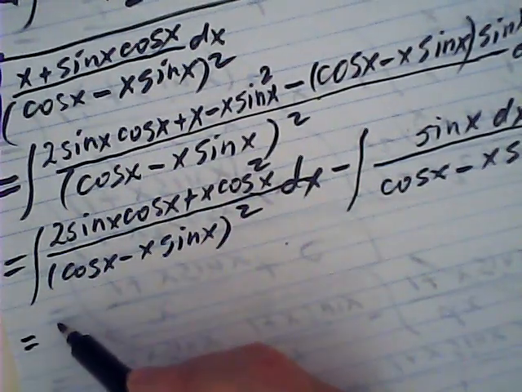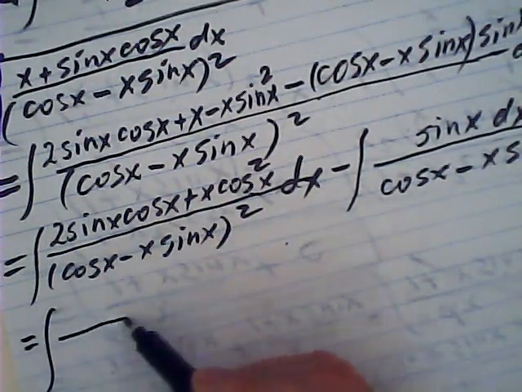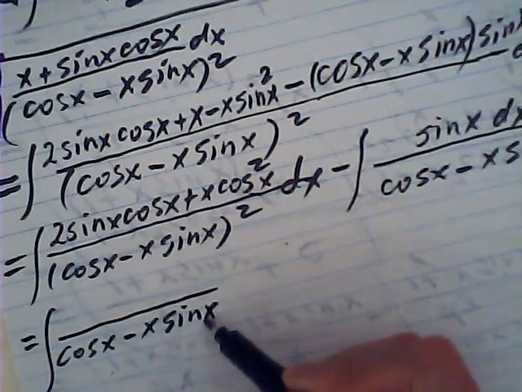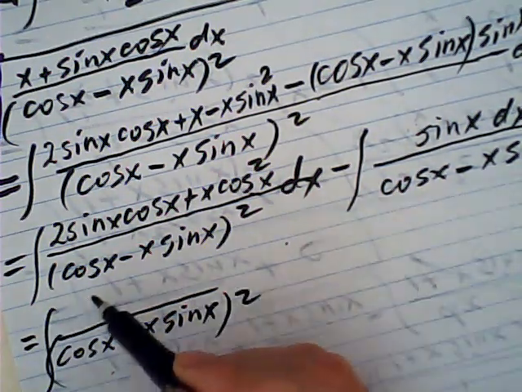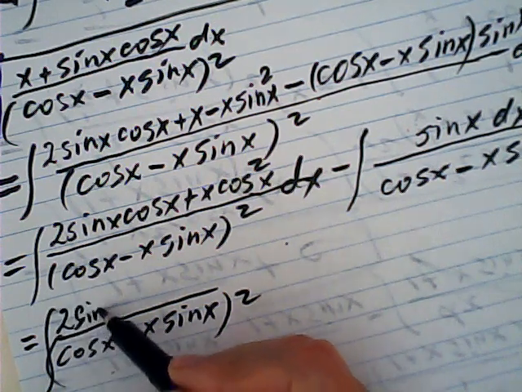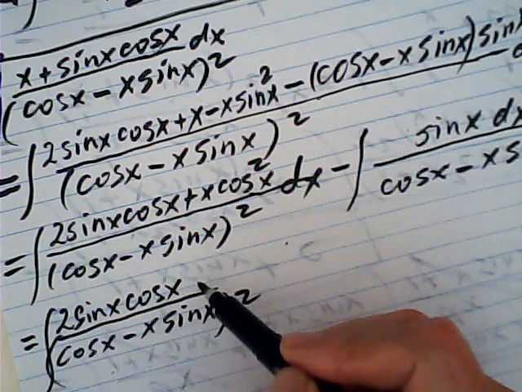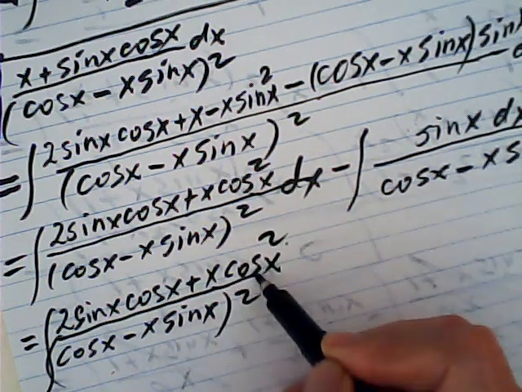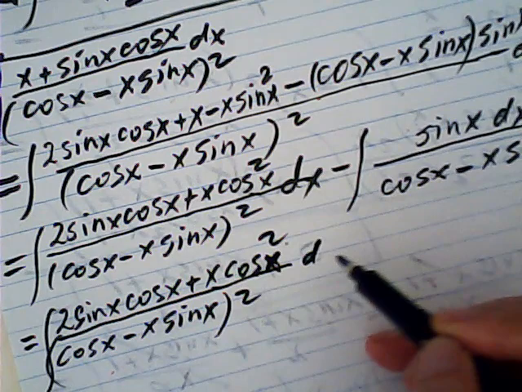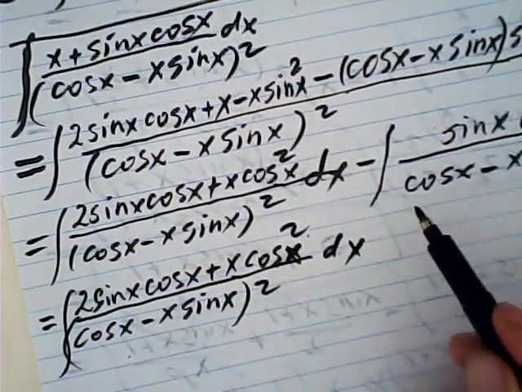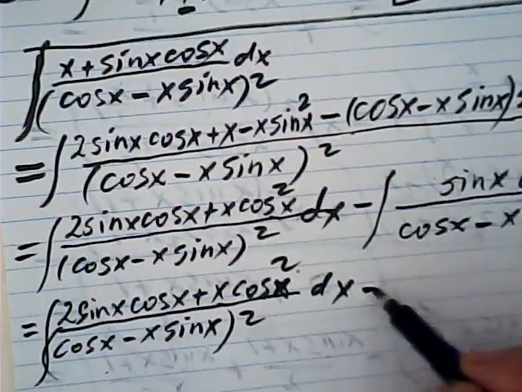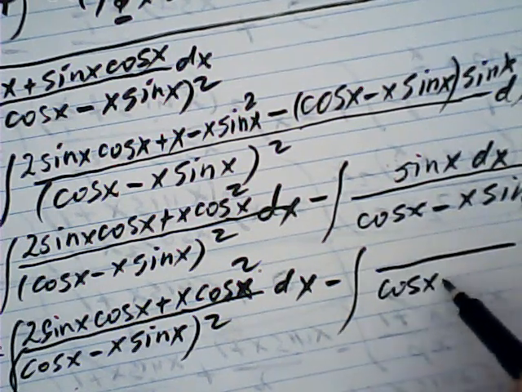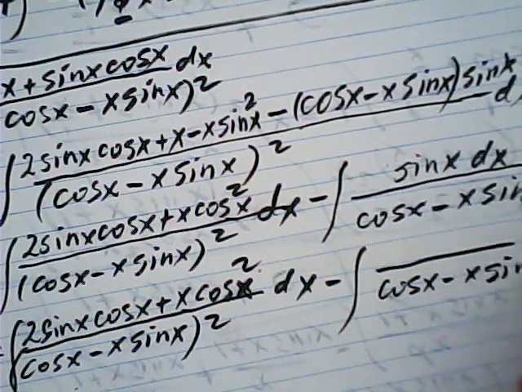This I keep as is, cosine x minus x sine x squared, under 2 sine x cosine x plus x cosine squared x dx, minus this, cosine x minus x sine x.